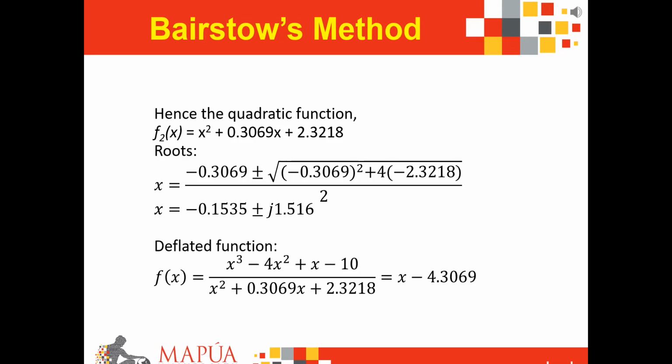In order to establish then the last root, we simply equate our given function to 0, which eventually gives us the third root to be equivalent to 4.3069, which we have established and solved using the different techniques involved in your polynomial function.